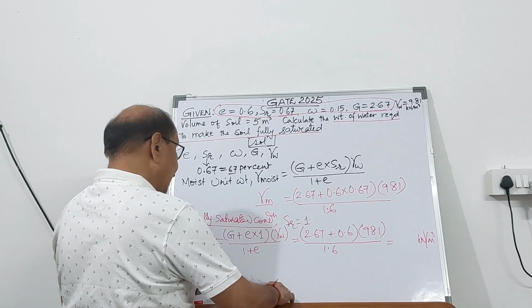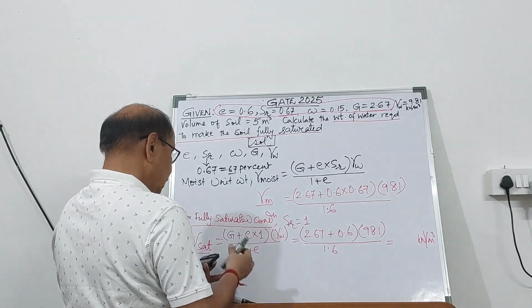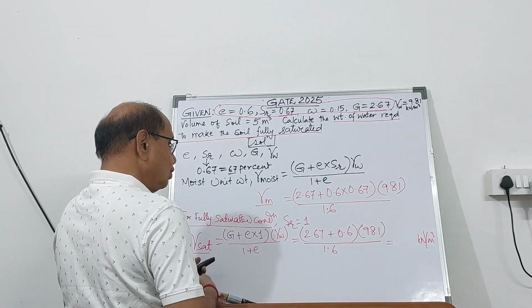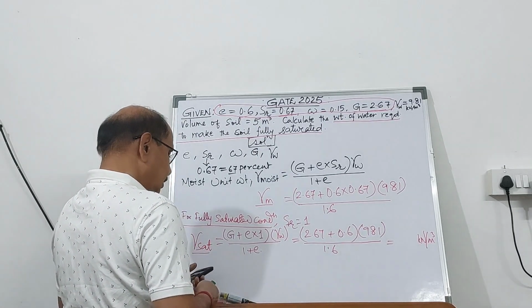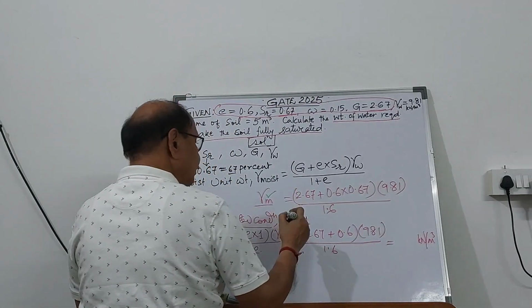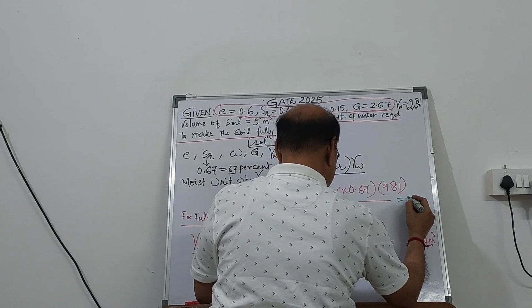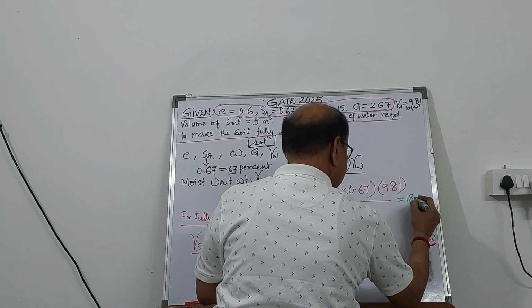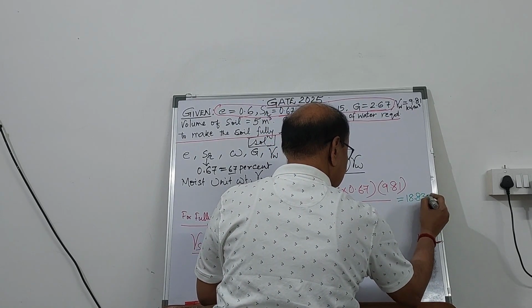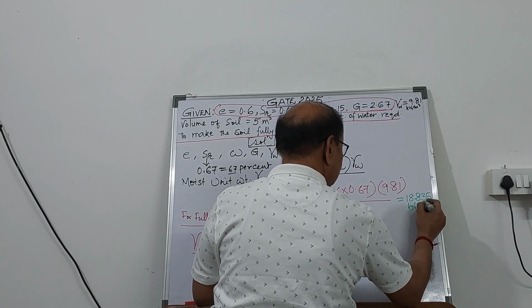So we are going to get the value of gamma moist. If you calculate, you will be getting this value of gamma m, which is coming out to be 18.835 kilonewton per cubic meter.